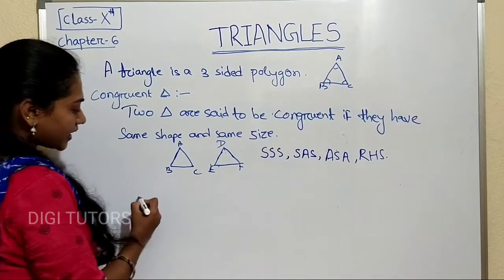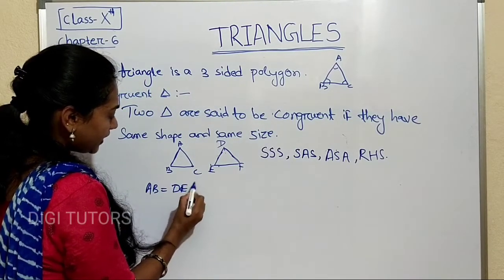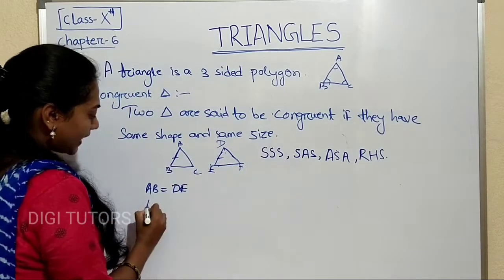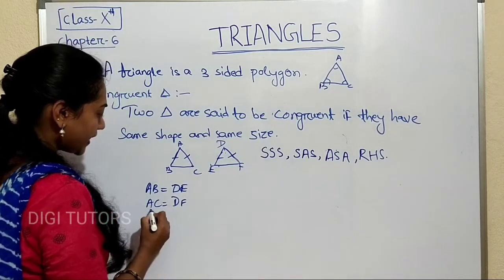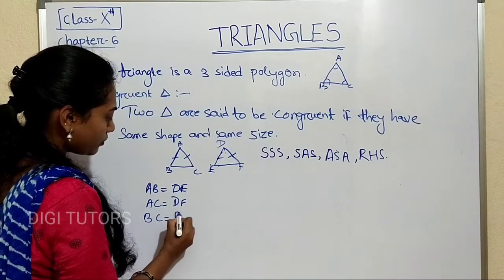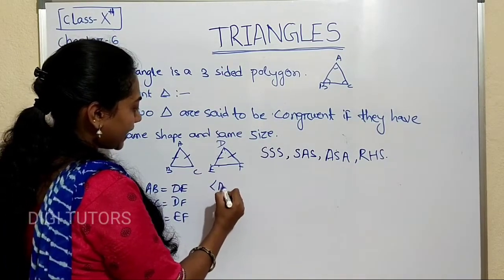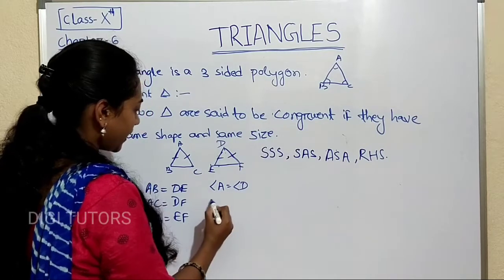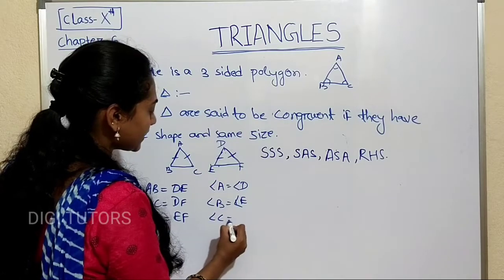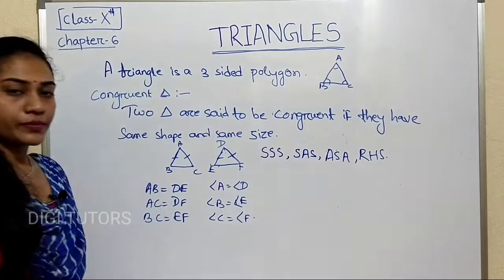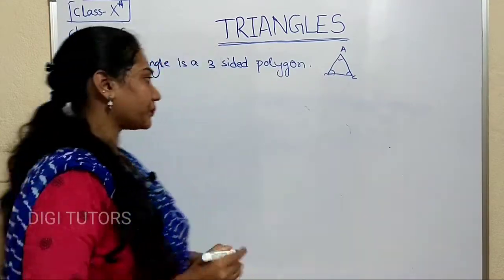If these two triangles are congruent, then AB is equal to DE, AC is equal to DF, and BC is equal to EF. Also the angles are the same: angle A is equal to angle D, angle B is equal to angle E and angle C is equal to angle F.